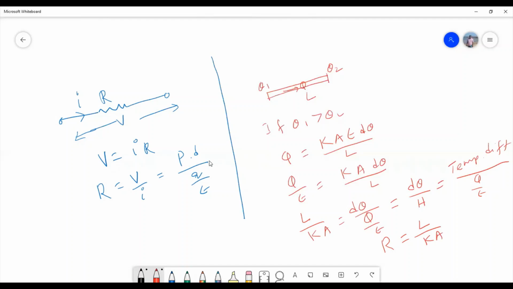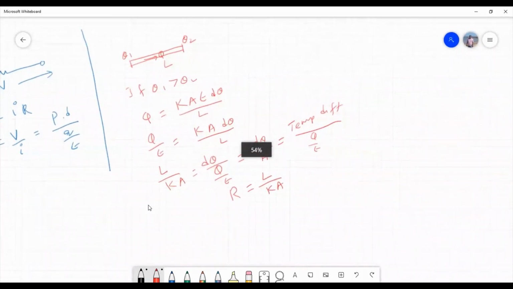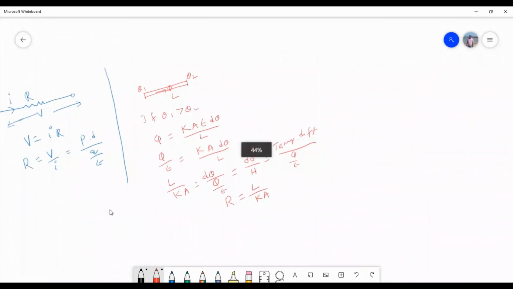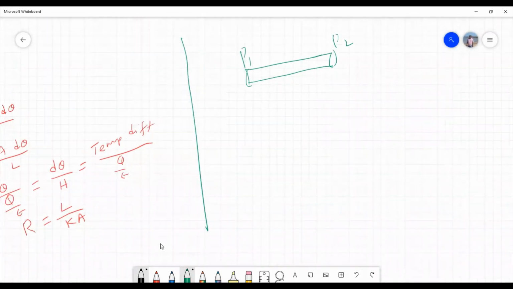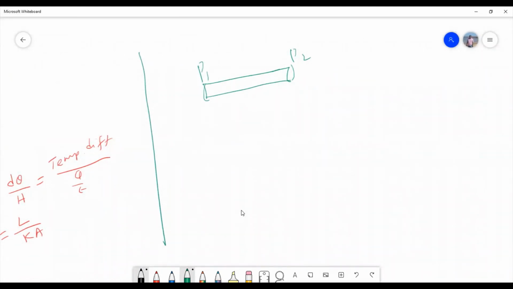Now let's compare the third one, that is the fluid resistance. What is a fluid resistance? So if you look at a pipe, any tube or something, and here we maintain the pressure difference. Suppose this is P1 and this is P2, so I can say that if P1 greater than P2, the liquid starts flowing through the tube.